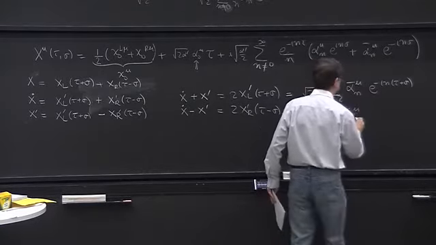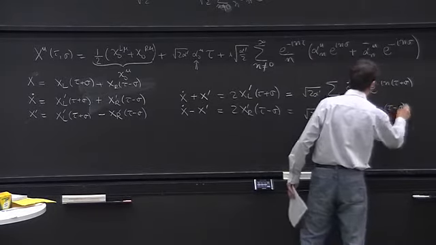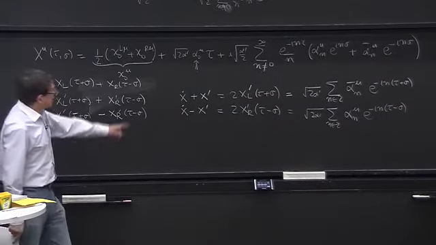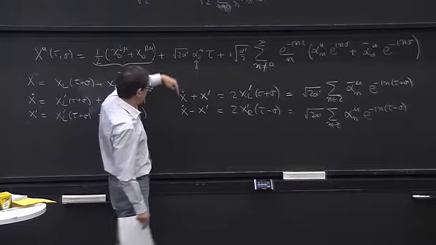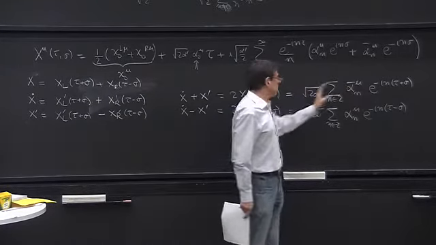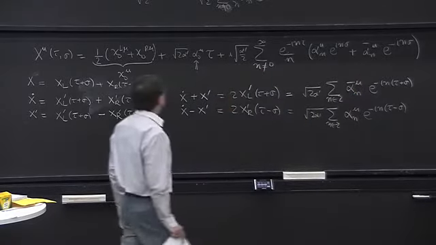The mu's reappeared here for some reason, but it's okay. So we've achieved that X dot plus X prime and X dot minus X prime look exactly like open strings, with the same conventions and everything the way we said it.